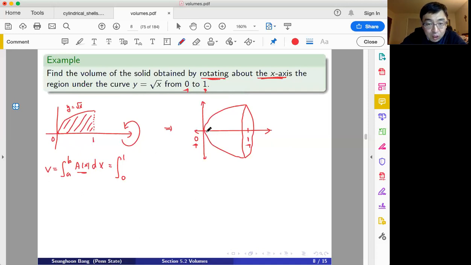The same. You can choose any point x between 0 and 1. I can choose x is here. So next, you have to cut this solid by using one plane. This plane is perpendicular to the x-axis and passing through x. So we have this one.